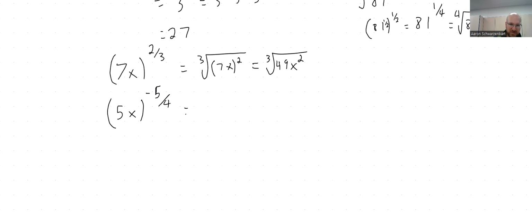Well, the negative exponents tell me I move it to the denominator. Now I will do my root. Five to the fifth.